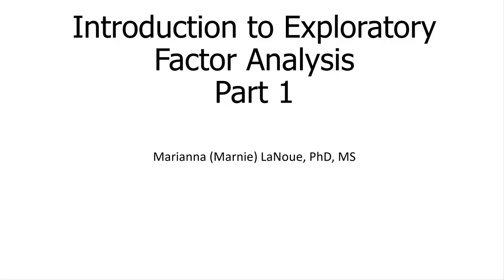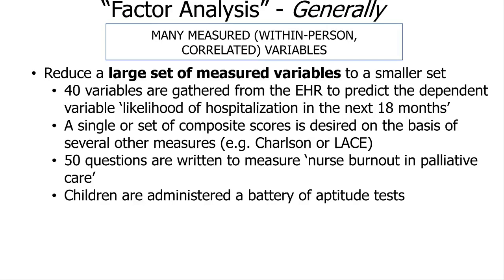Factor analysis, generally speaking, is a data reduction or dimension reduction approach when you have many within-person variables. Those variables are generally expected to be correlated with one another because they are coming from the same data source. The goal is to reduce a large number of measured variables down to a smaller set.